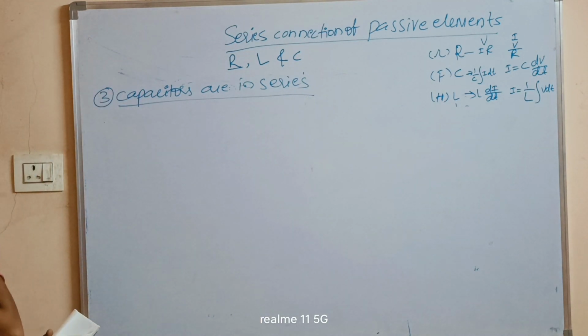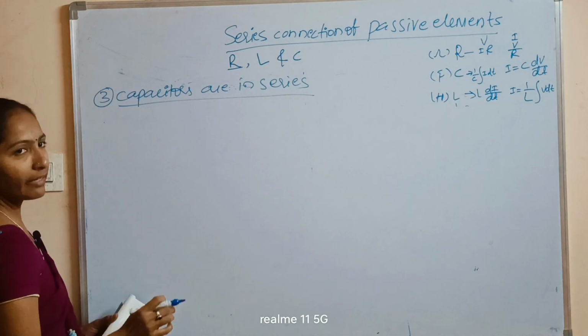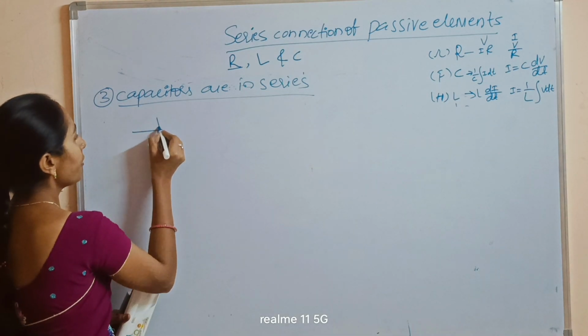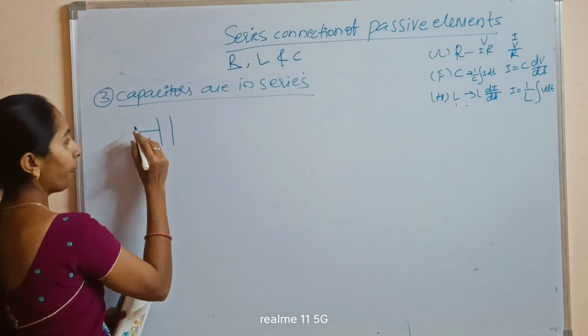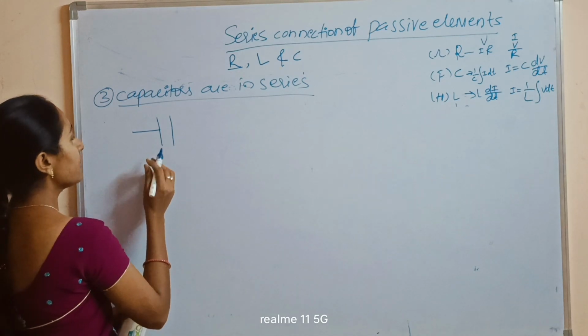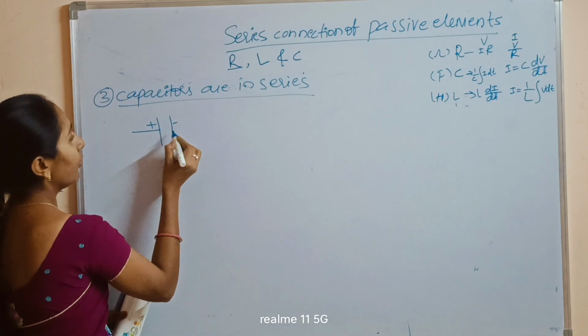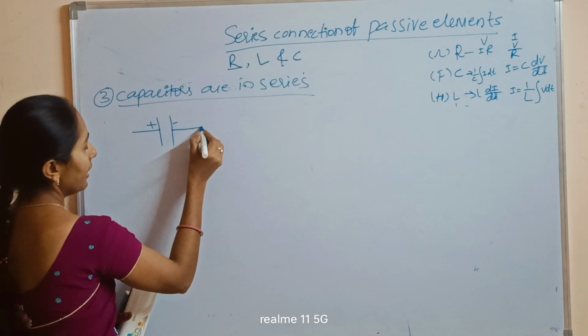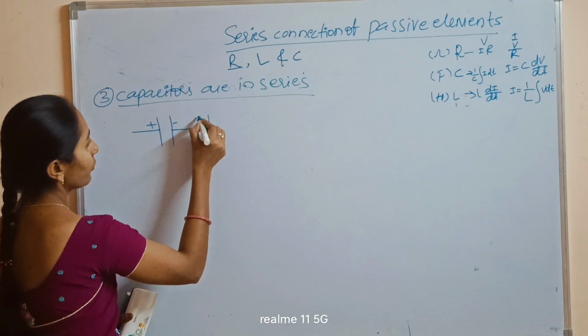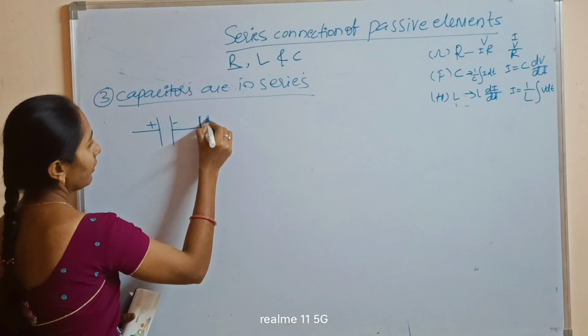Again I am considering capacitor element. It is a passive element. It is formed with two parallel conducting plates, separated with dielectric media. Okay, this is one capacitor and this is second capacitor.